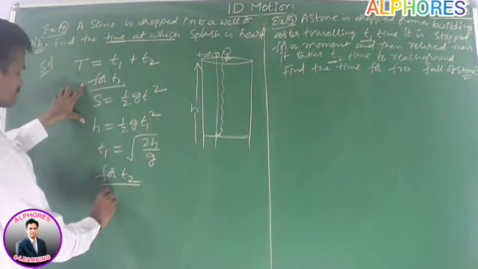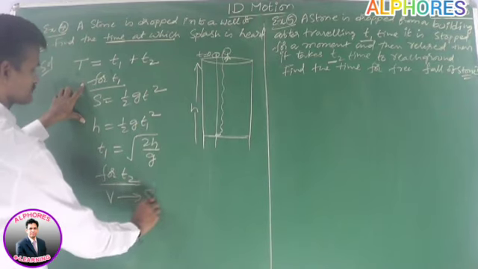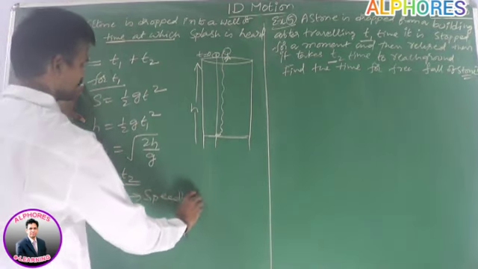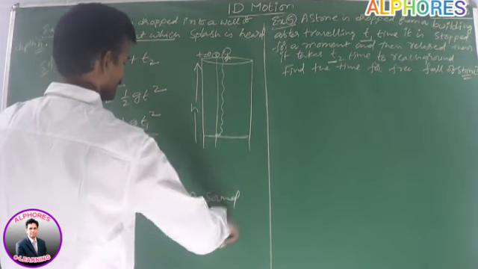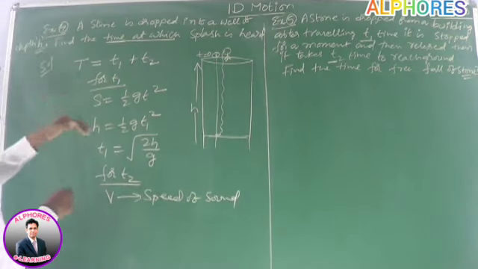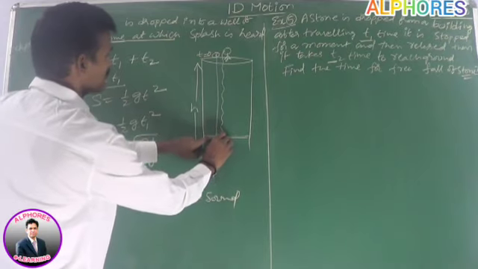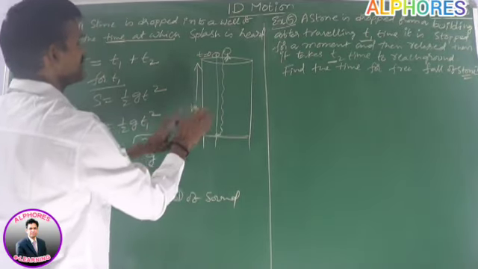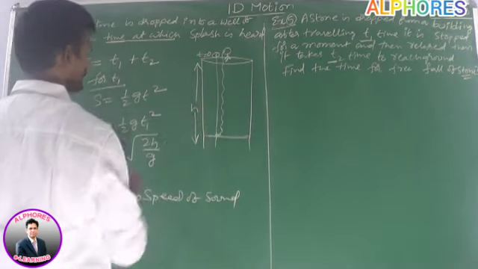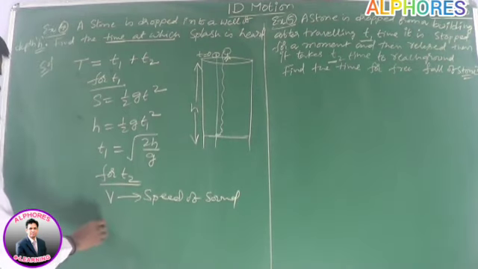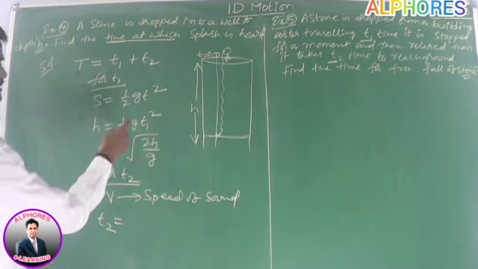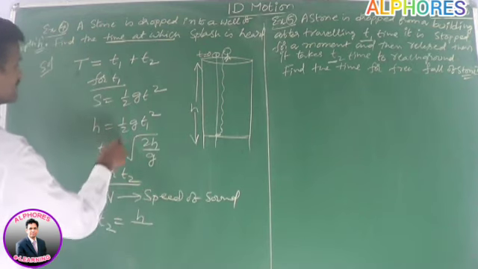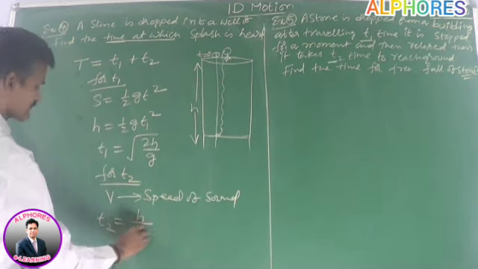Let v be the speed of sound. Then this sound travels this h distance with a uniform speed. So I can write time is equal to distance by speed. Time t2 equals distance h by speed v.